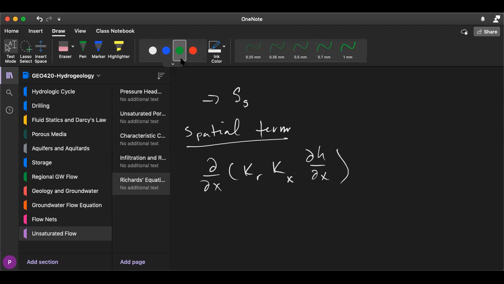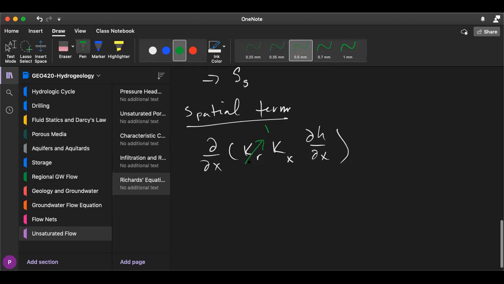Yeah, k sub r varies between 0 and 1. Remember, the highest value of hydraulic conductivity we can have is when we're fully saturated and all the pores are transmitting water, right? So k sub r goes from 0 to 1. So at full saturation, this thing's at 1.